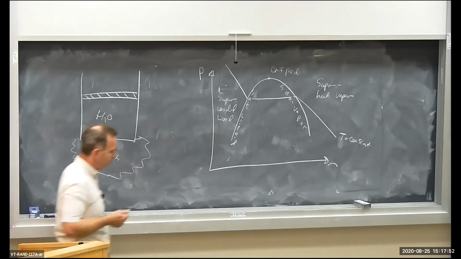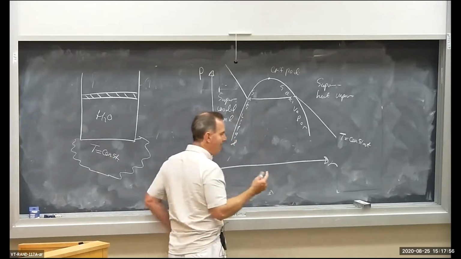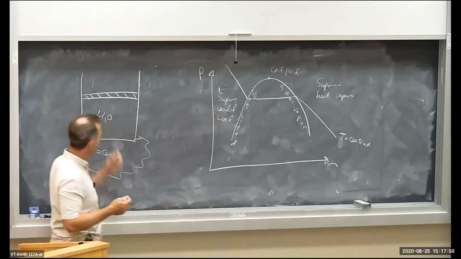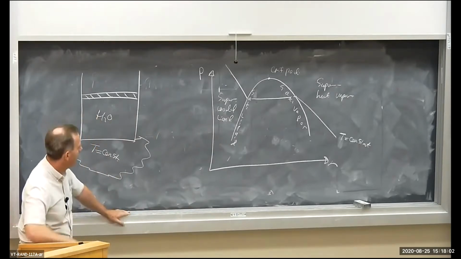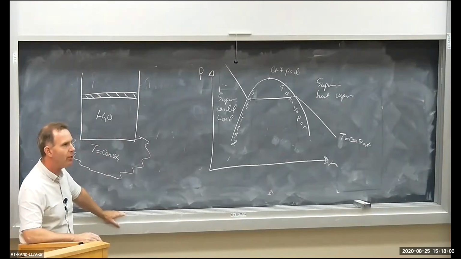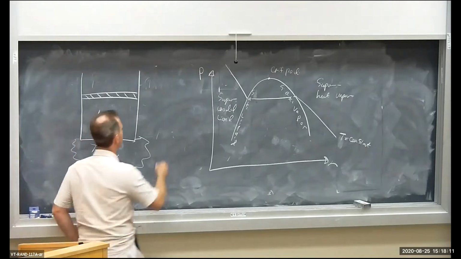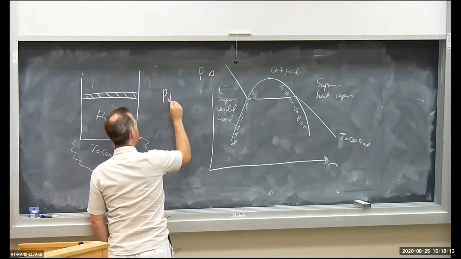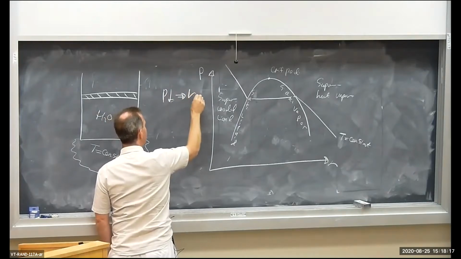Think of it this way. If you have a gas, let's say H2O as a gas held at constant temperature, and you reduce the pressure. As pressure goes down, volume or specific volume goes up.